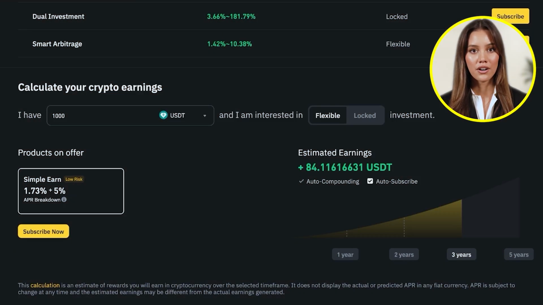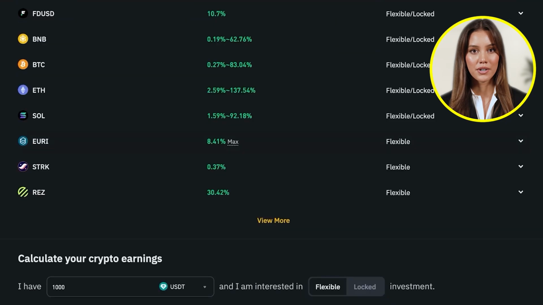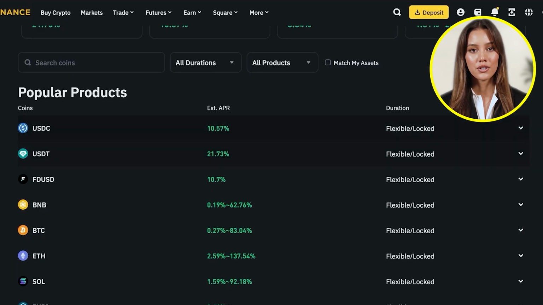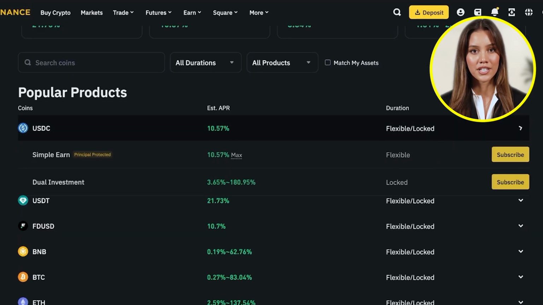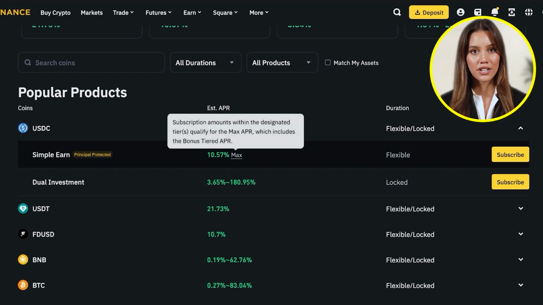These are coins that are backed by the US dollar, which basically means that these currencies are not going to drop in value all of a sudden unless the dollar drops in value. The principal protection is effective here because the value of USDT or USDC is pretty much going to be the same when you take it out.